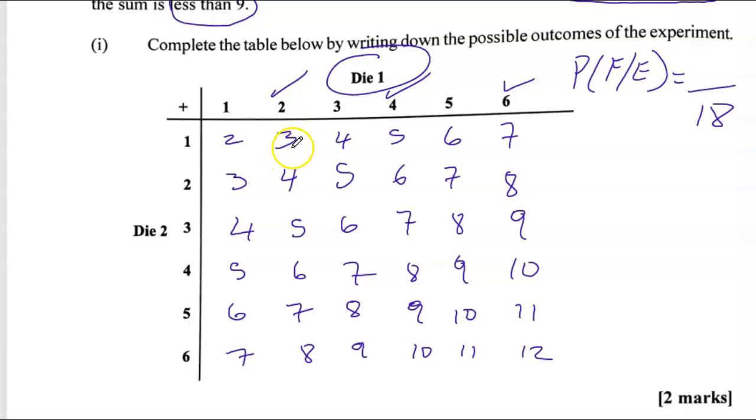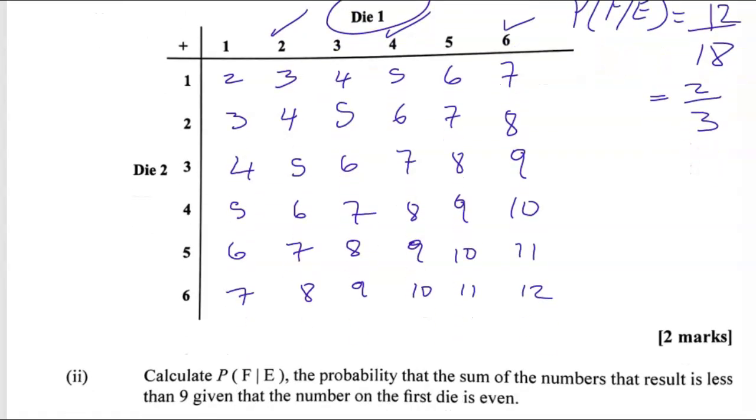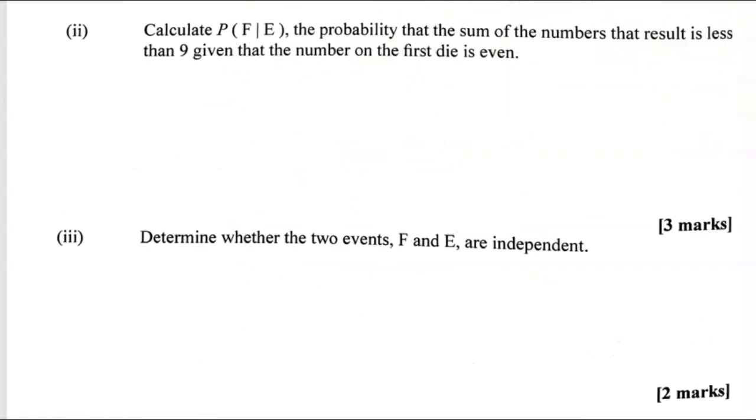So there we have 1, 2, 3, 4, 5, 6, 7, 8, 9, 10, 11, 12. So we have 12 values that are less than 9, and we can even reduce it by dividing by 6. 12 divided by 6 is 2, 18 divided by 6 is 3. So the answer there is 2/3 for F given E.